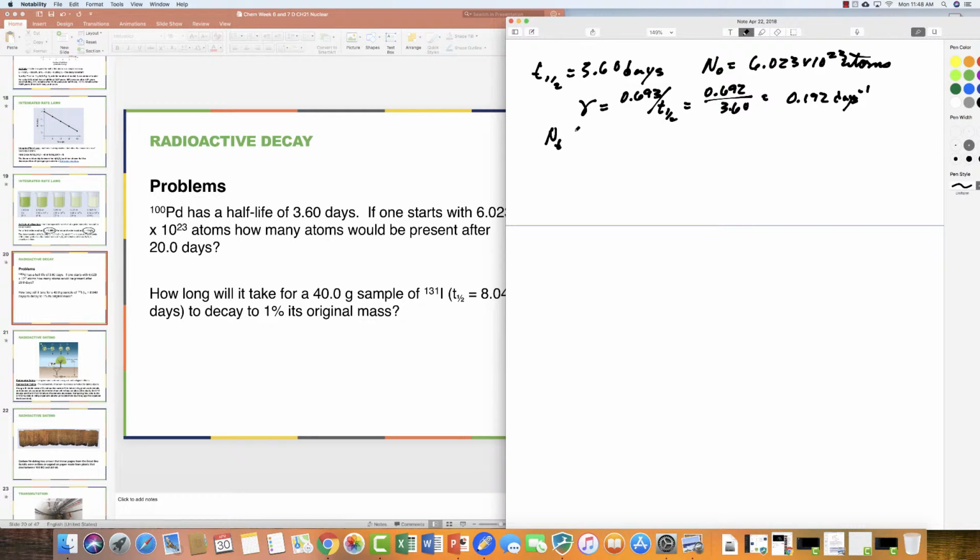Now the number of molecules you have after any time t is equal to the number of molecules you start with times e raised to the minus decay constant times t.